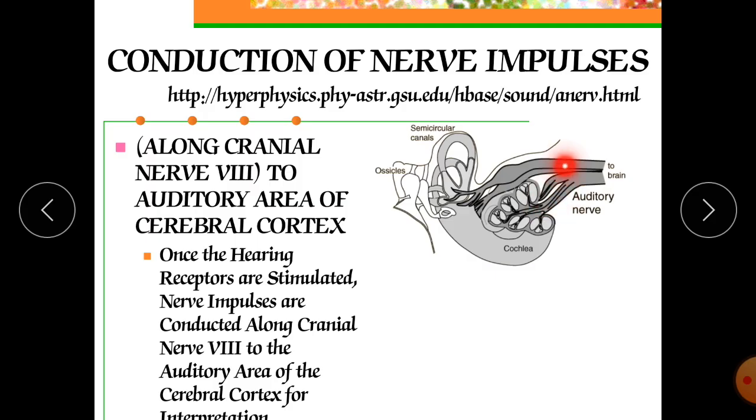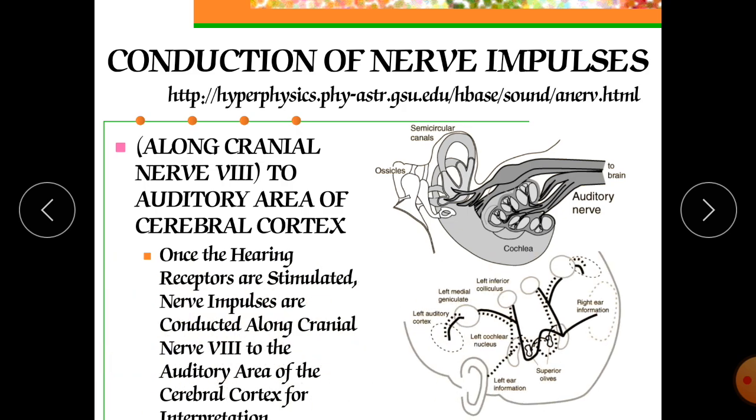This is cochlear and the vestibular. That's why in combination they are called the vestibulocochlear nerve, number 8. They collect the information from both parts of the ear and finally transfer that information to the cerebral cortex.